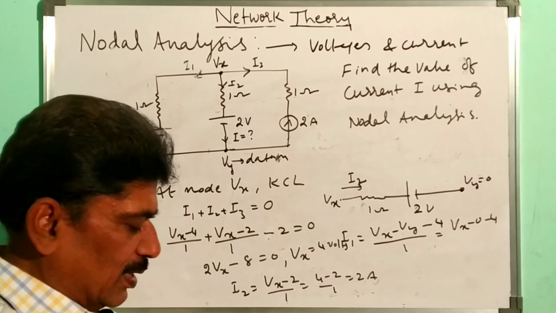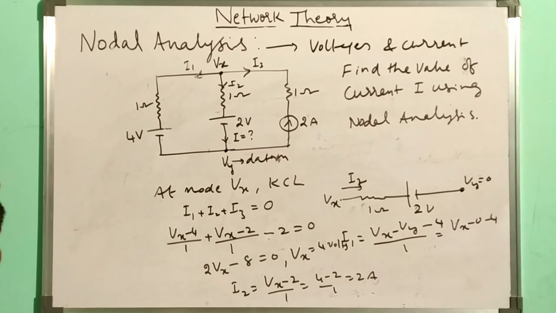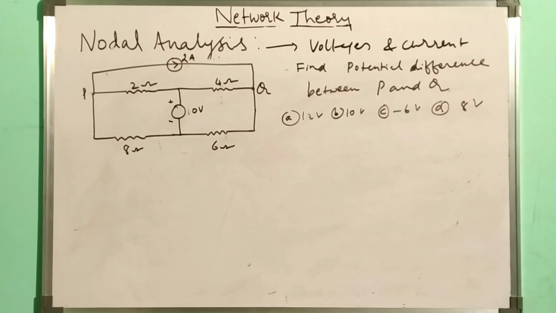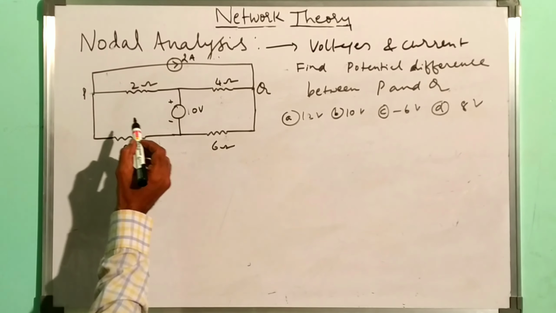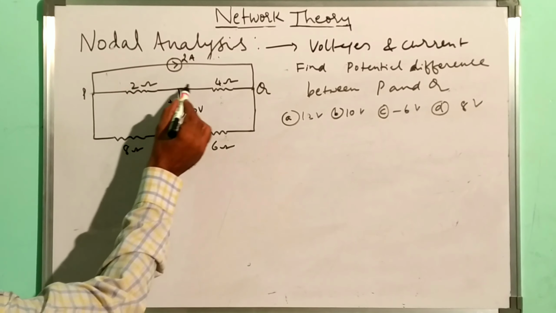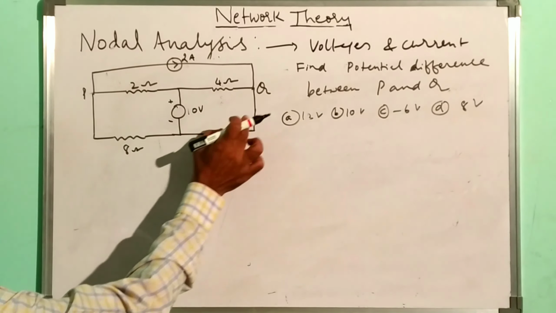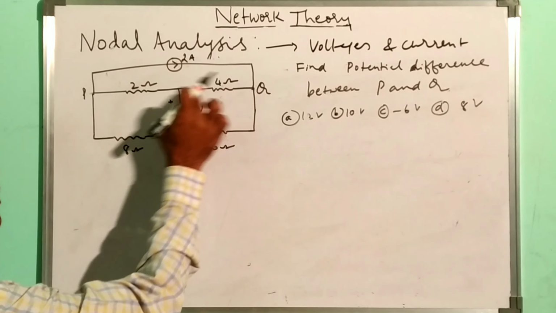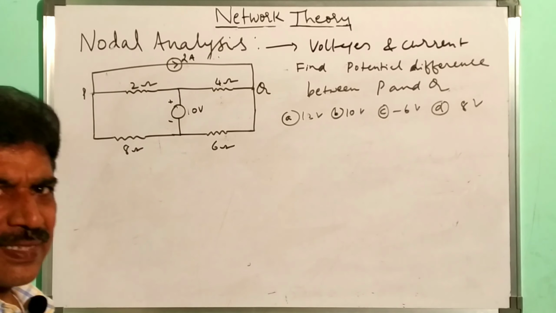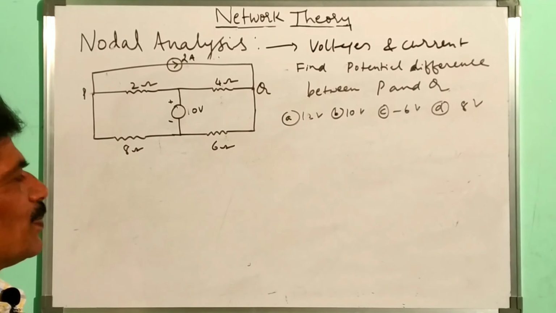So we will do another question now. What is the first step? Identify the principal nodes. How many principal nodes are there? 1, 2, 3 branches are connected to this node, this node, this node and this node. 3 branches are connected, so 4 principal nodes are there.